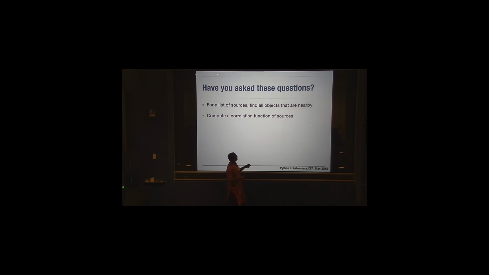You probably already heard of CoreFunc. And the last one, which is similar to the first point, is that you just have 2 sets of points, and you need to compute all separations. So if there is n1 points here and n2 points here, you just need to compute all separations. Separations here could be 1D on the sky, 2D on the sky, angular, doesn't matter. Then if you answer yes to any or all of these, then you can use CoreFunc, okay?